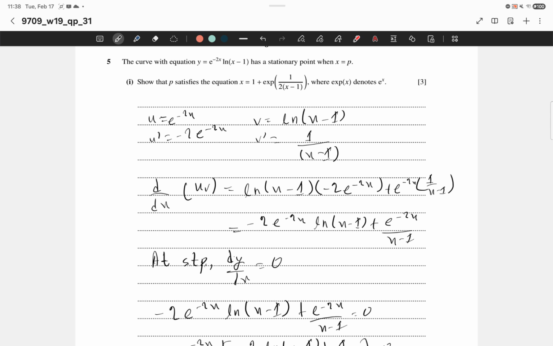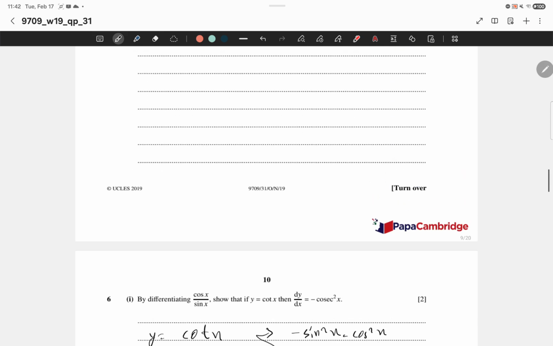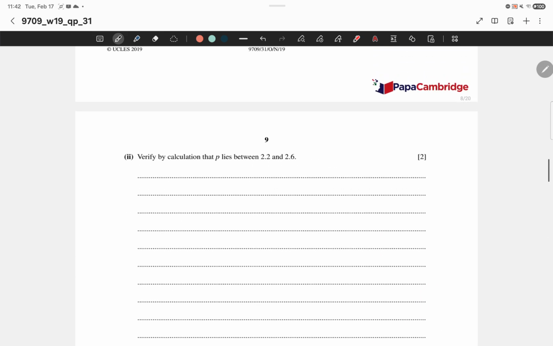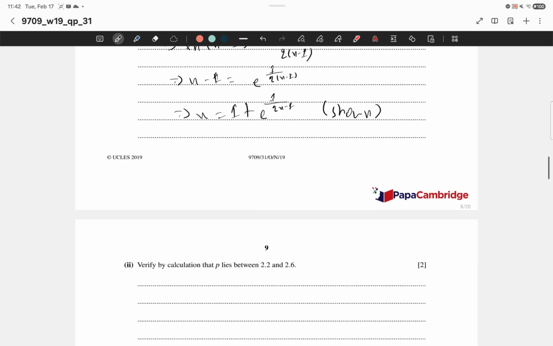Wait. Okay, so the thing is, yeah, first we need to do x equals 2.2.